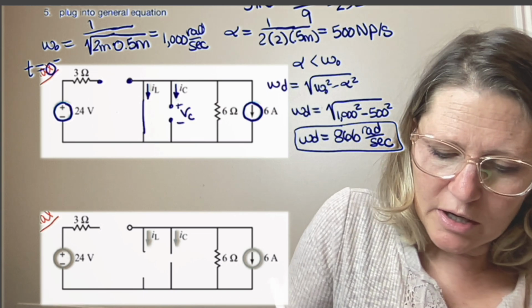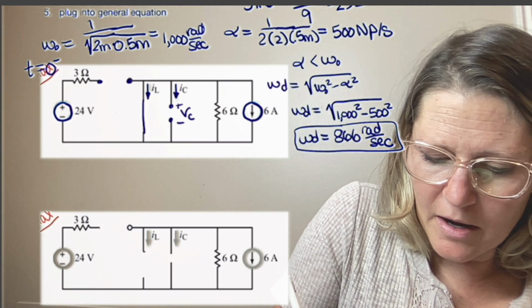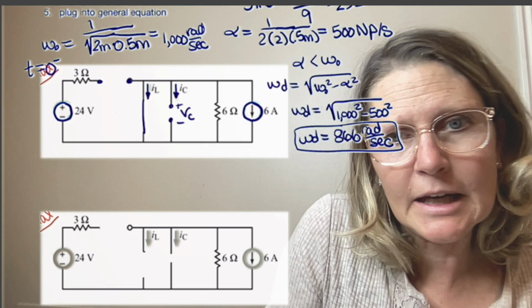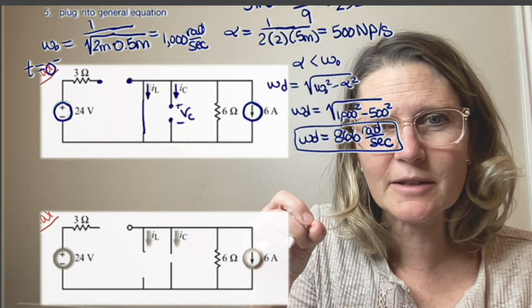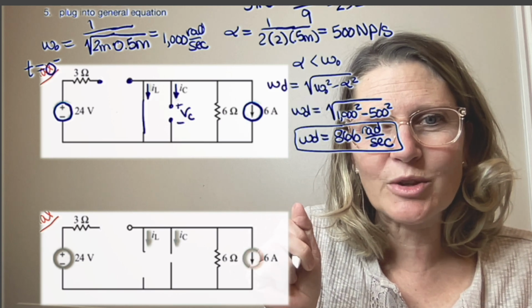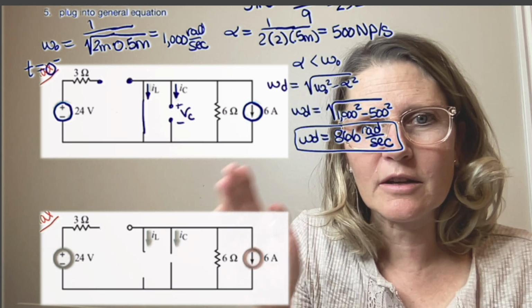And so with IL being in parallel to a resistor, remember that's called a bypass wire, and so it's going to short circuit the 6 ohms.